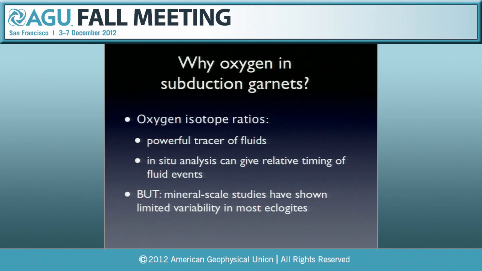But a caution here, especially in rocks like eclogites and other metamorphic rocks, is that mineral scale studies in these lithologies have shown very limited variability. This is in part because they tend to be very well equilibrated, and there's very limited fractionation between garnet and the other mafic phases that make up the rock.